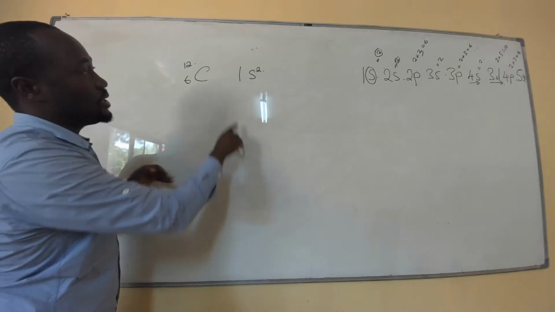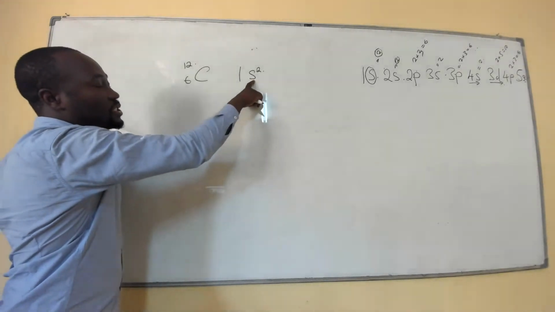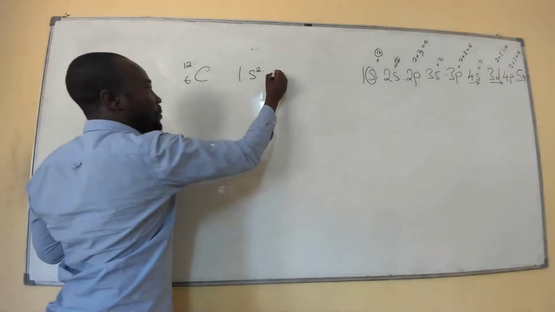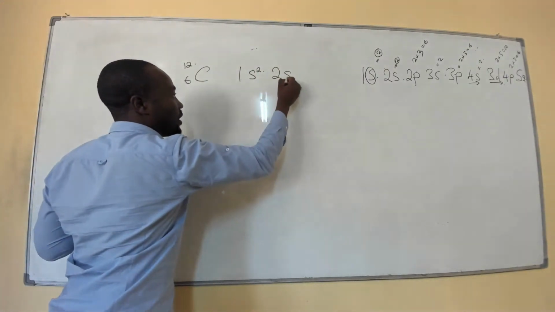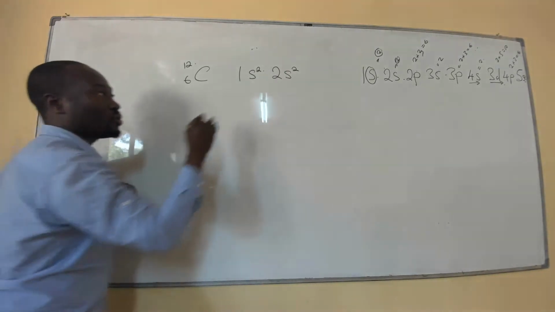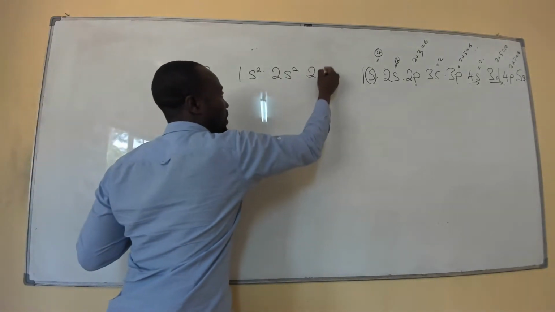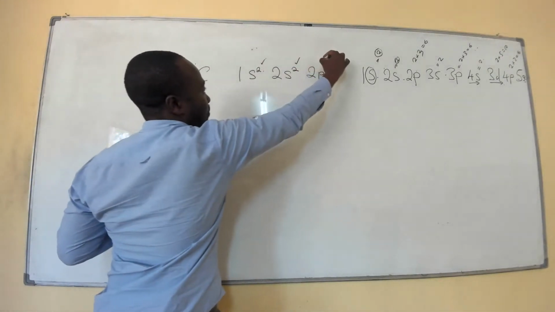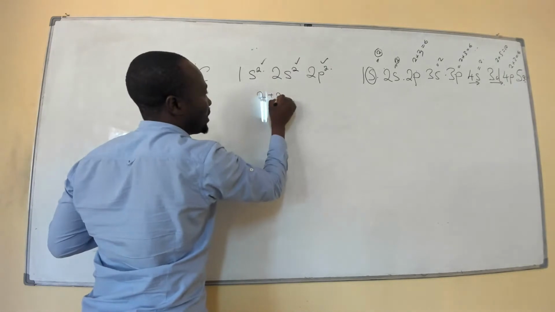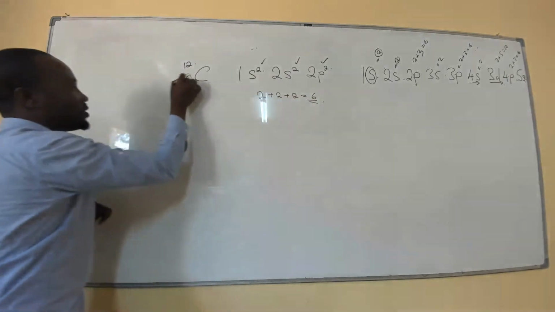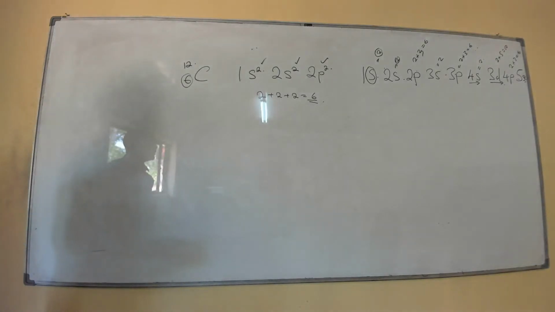Since there are 6 electrons, when this gets 2, you're remaining with 4. Of the 4, 2 will go into the 2s2. How many are remaining? Only 2. So you get 2p2. Adding 2 plus 2 plus 2 gives you 6 electrons.